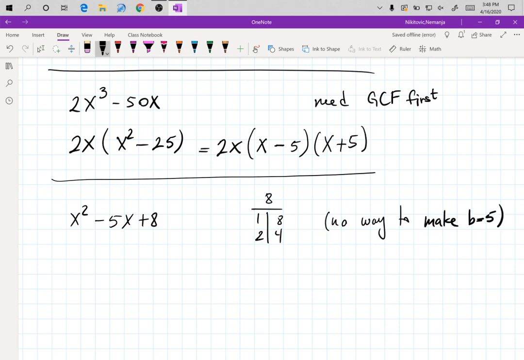How about that? Negative 5. Nah. Negative 5. Alright, much better. So none of these pairs add to negative 5, even when you have the negatives there. So this is prime. Has no solution.